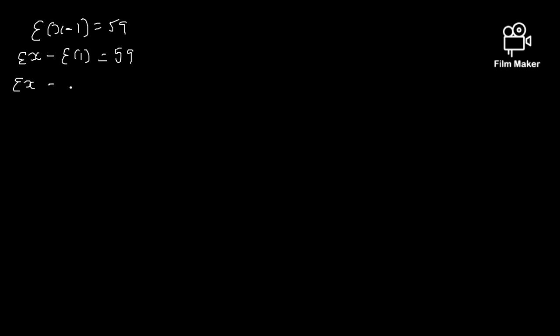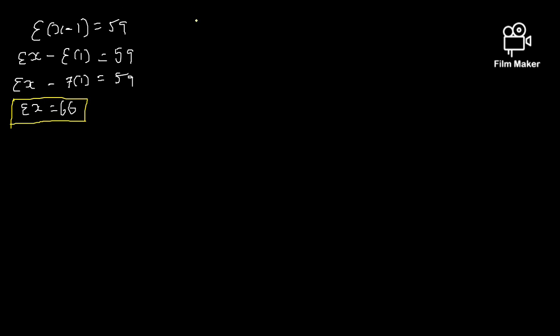So instead of sigma we put 7 and multiply with 1. So sigma x minus 7 equals 59, and 7 will go to the other side of the equation, and that comes to sigma x, which is 66. So this is how, by solving the first bracket, we derive sigma x.